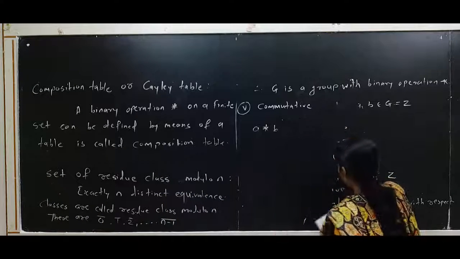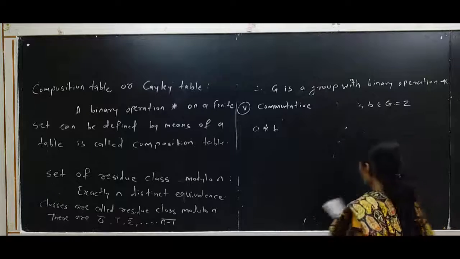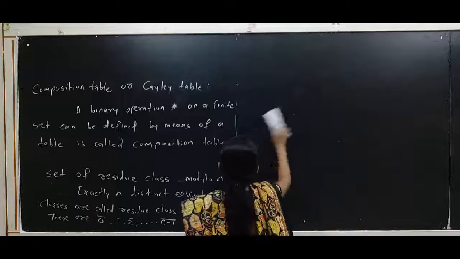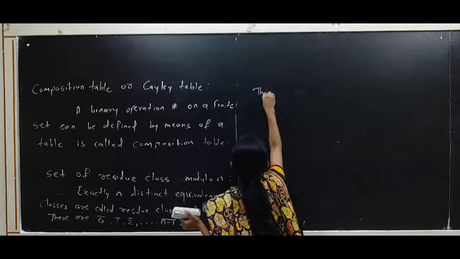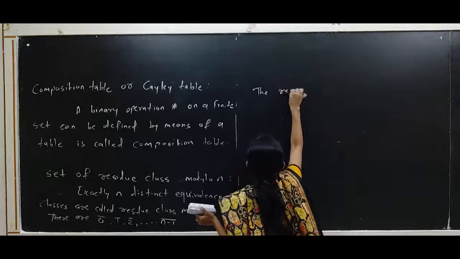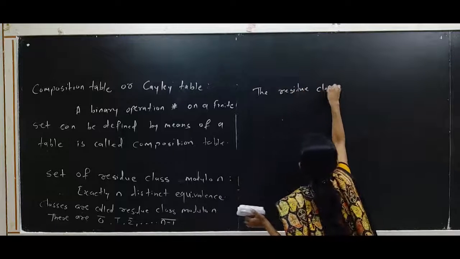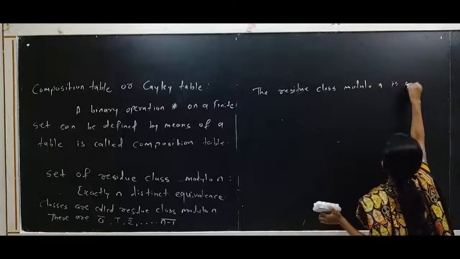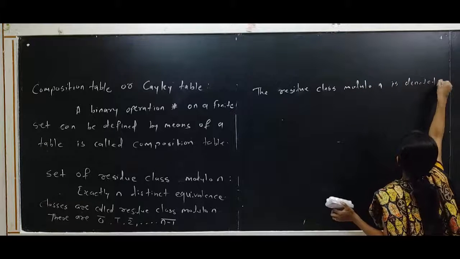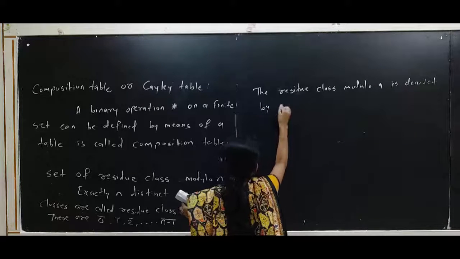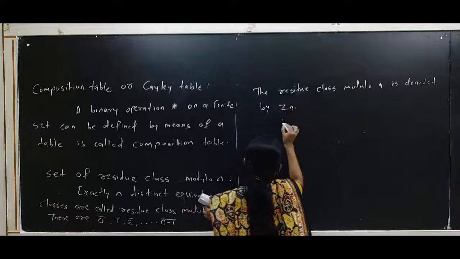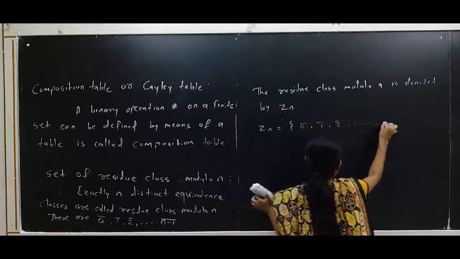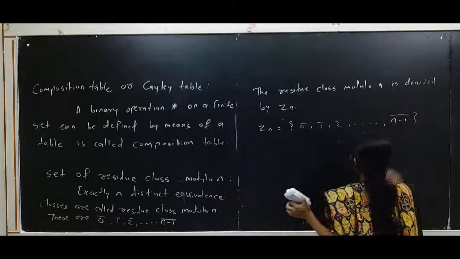Now, the residue class modulo n is denoted by Zn. So, Zn is equal to 0 bar, 1 bar, 2 bar, and so on up to n minus 1 bar.